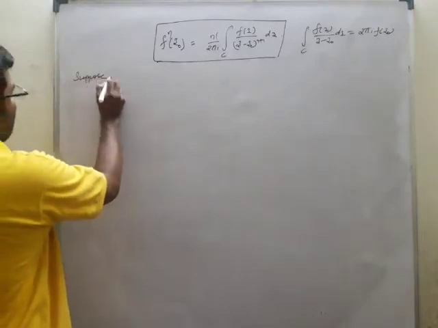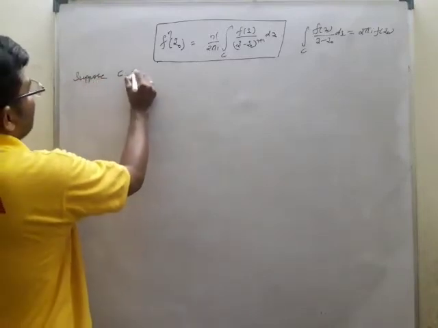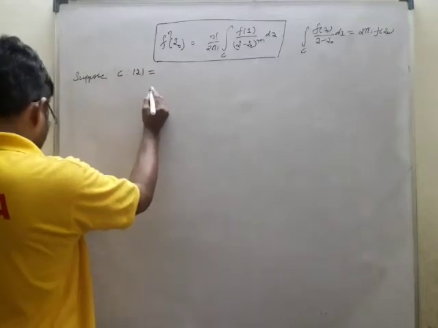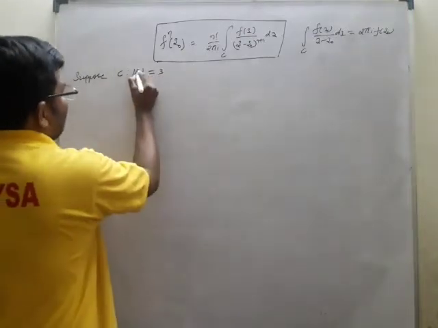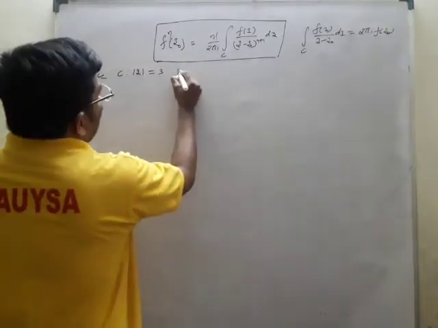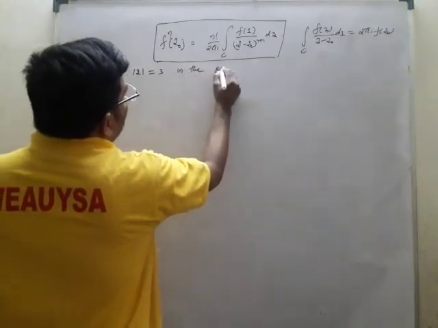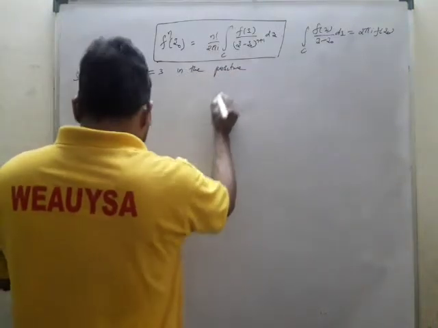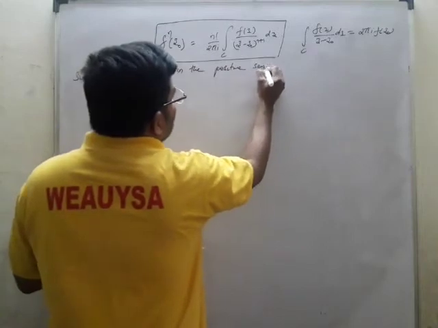Suppose the circle, a curve C, is given as mod z equal to 3 in the positive sense.